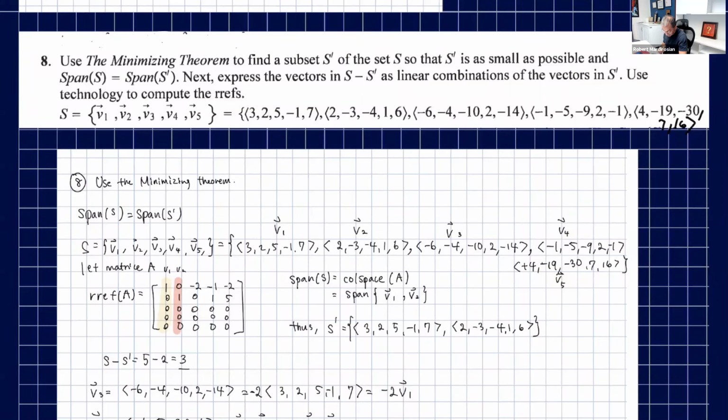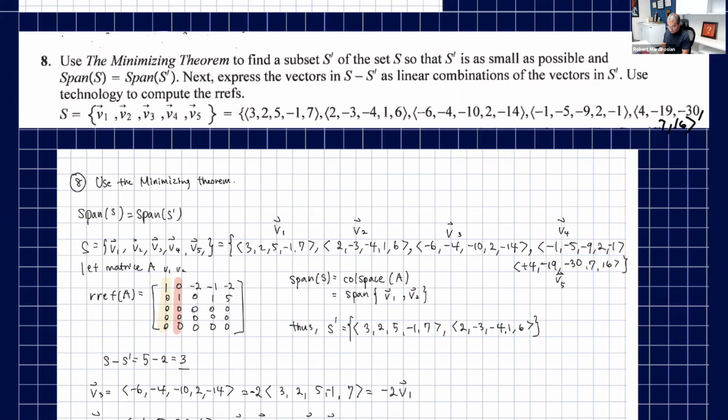Each vector has 6 components. The best way to do this is to write the vectors as columns, V1 through V5, and find the RREF of that matrix. Again, use technology for that because it's very long.